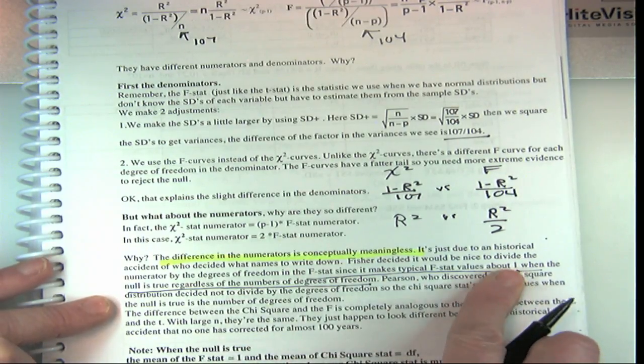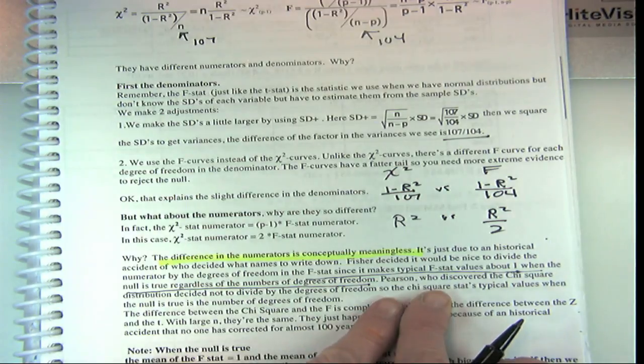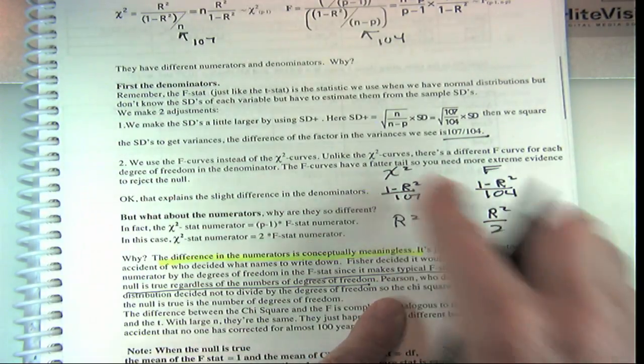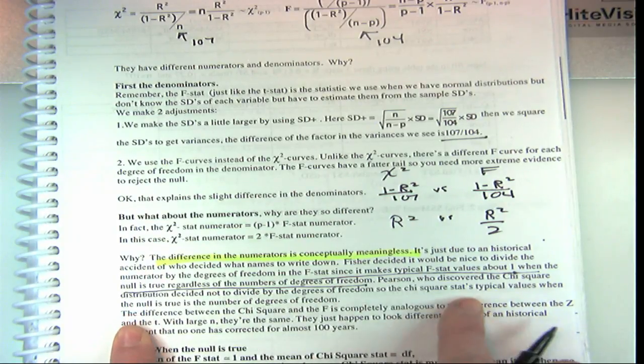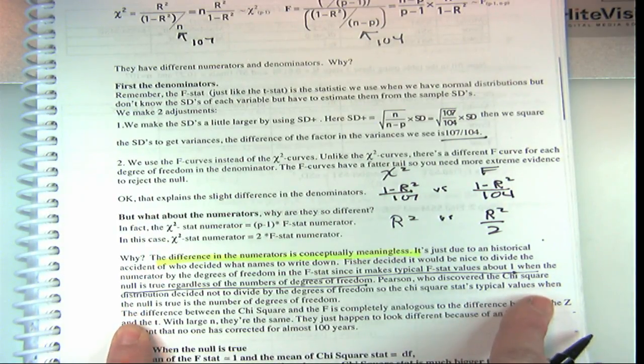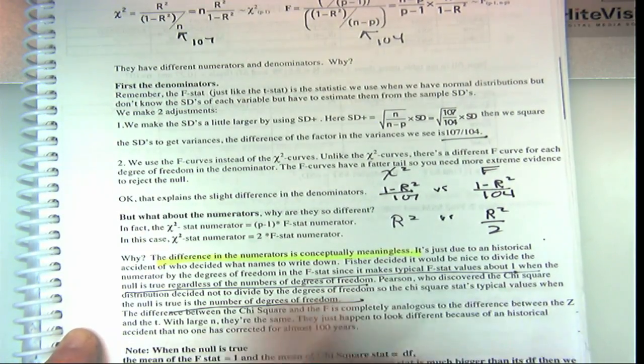Now, what did Pearson do? They're both very hard-headed men. Pearson, who discovered the chi-squared, decided not to divide by the degrees of freedom. So the chi-square stat's typical value when the null is true is the number of its degrees of freedom. That's why there's that difference.